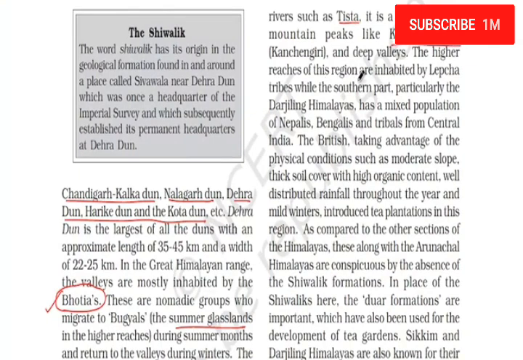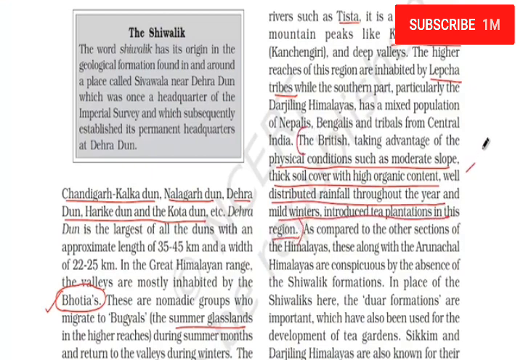The higher reaches are inhabited by Lepcha tribes. This region is also important because of the Nathula Pass and the issues associated there. The British, taking advantage of the moderate slope, thick soil cover with organic content and well distributed rainfall throughout the year, introduced tea plantations in this region.